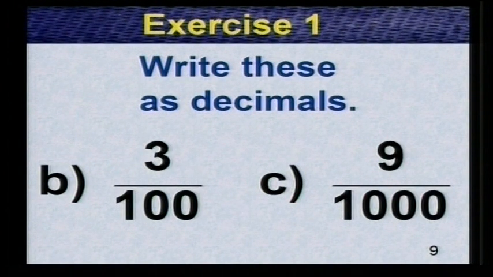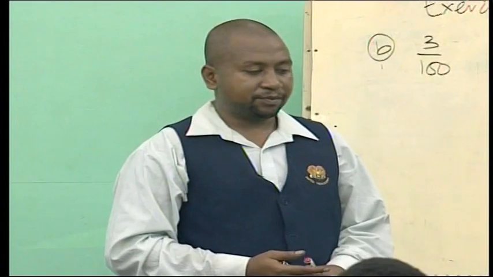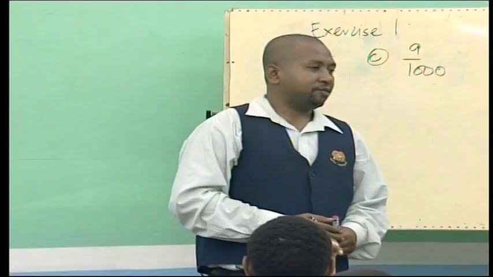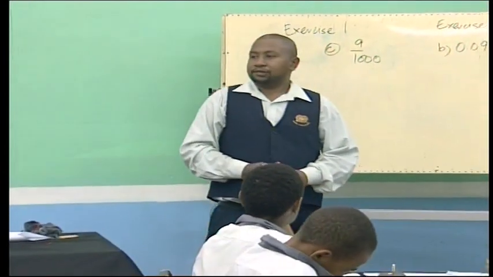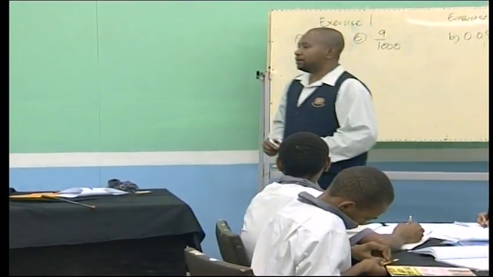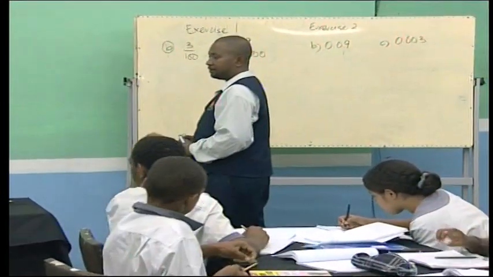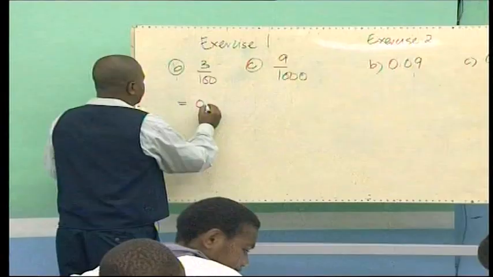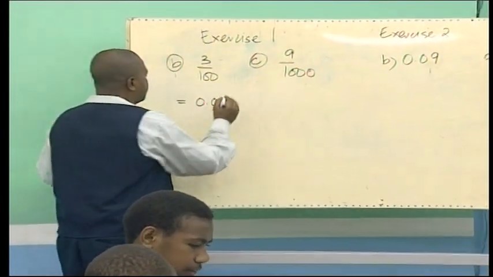B. Write this as decimals. 3 over 100. How can we write that as a decimal? Yes, Tara? What is your answer? 0.03. 0.03.